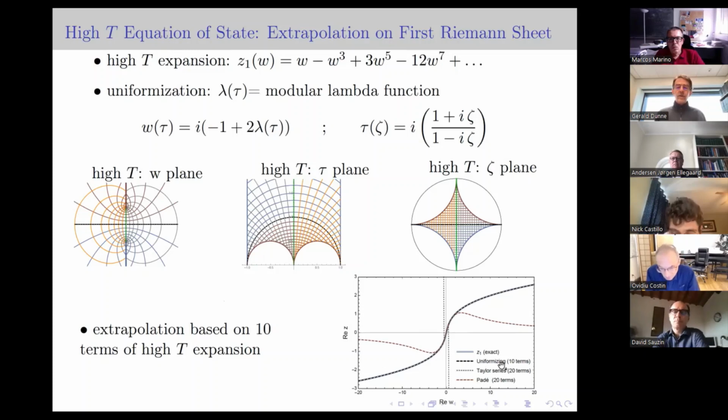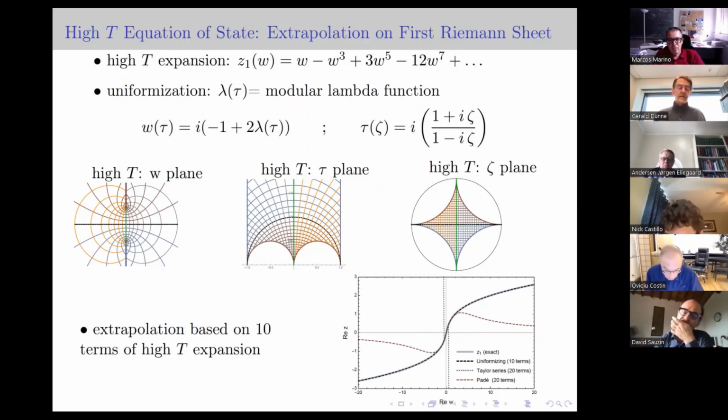But if you do the uniformizing map, and actually the uniformizing map here was just with 10 terms, and the others are with 20 terms, that's the black dashed curve. So you see, it's almost a joke. It's so much more precise going along this physically relevant high temperature regime, extrapolation further away from the original expansion.